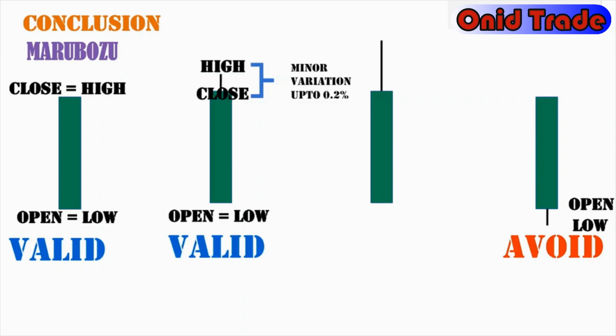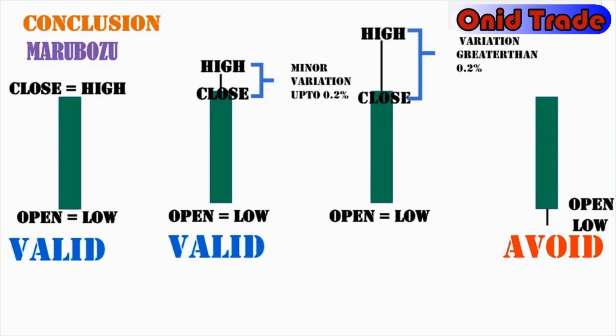And in the third case, open is equal to low, but the difference between close and high is large. Here, the percentage is greater than 0.2 percent, so we do not consider it a Marubozu and we do not place any trade. So those kinds of candlesticks are available.